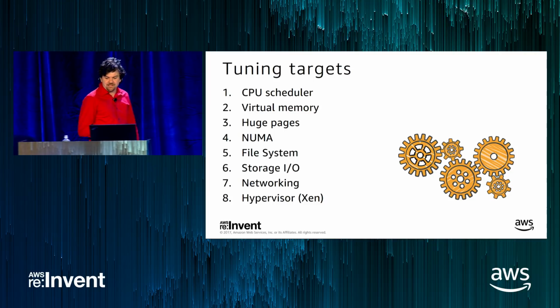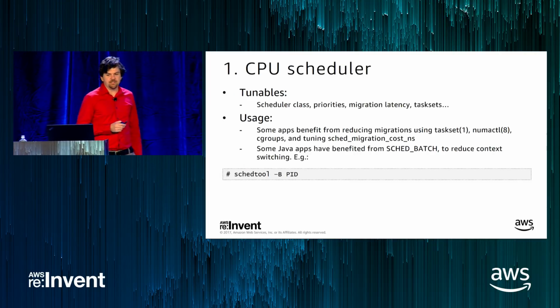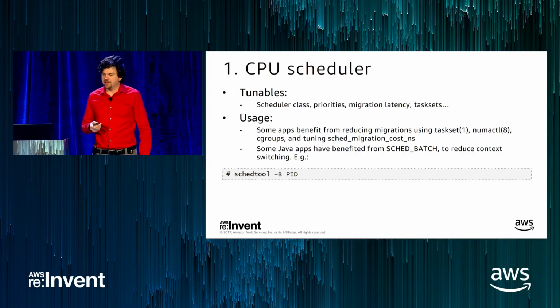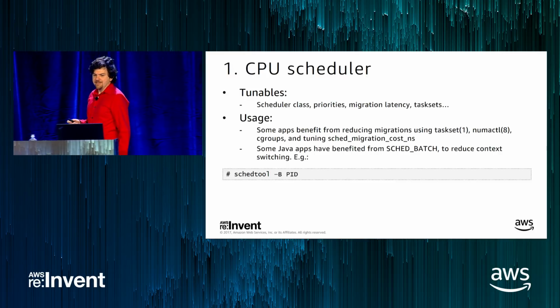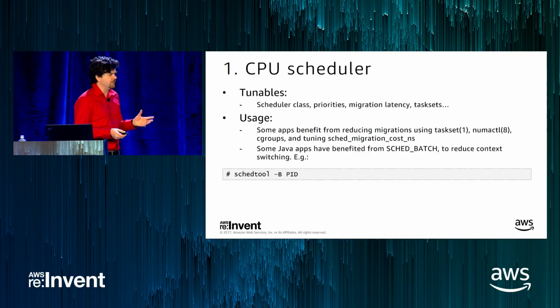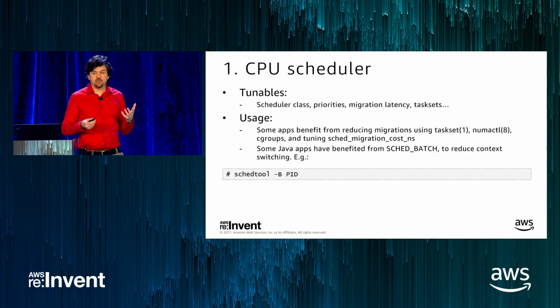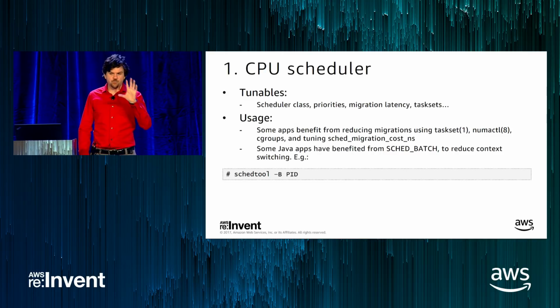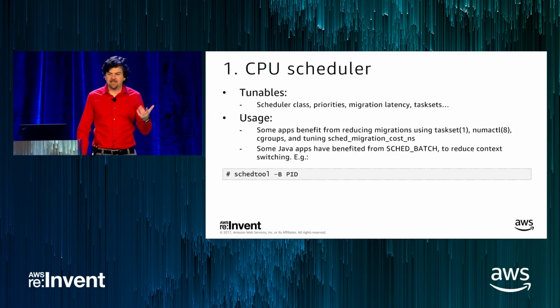I'll go through these tuning targets quickly. The CPU scheduler: you can tune the scheduler class, priorities, migration latency, and task sets. Some applications benefit from this, including things like tuning the scheduler migration cost. The Linux kernel tries to honor CPU affinity, and that is where a thread is running on a CPU with hot CPU caches, so level 1, level 2, TLB cache.